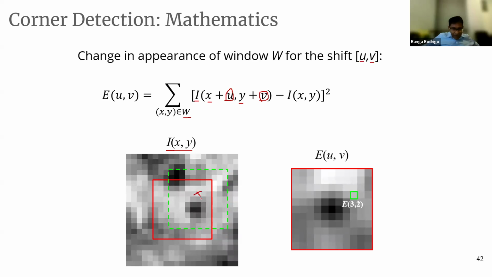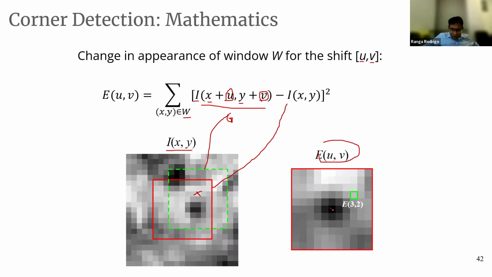When you move that window, is there a difference between the red window and the green window? That's what we are checking. This is the green window, and this is the red one. Is there a difference if you slightly move? That's what this function will tell you. We are subtracting, and for each of the u values and each of the v values, we are plotting this difference.